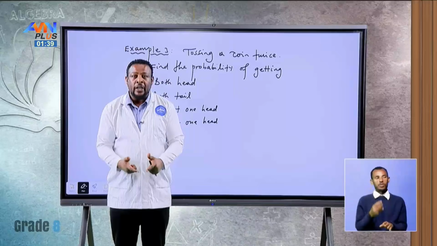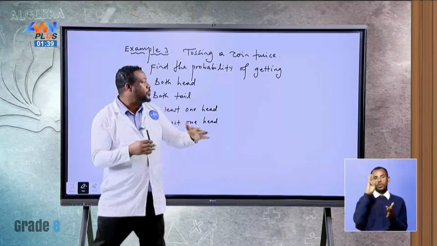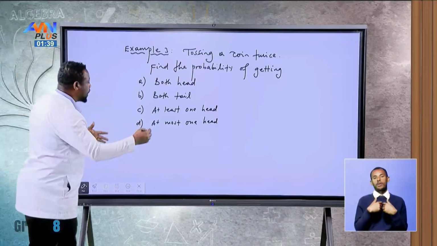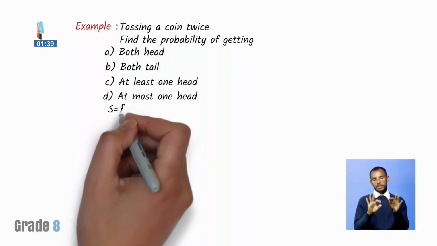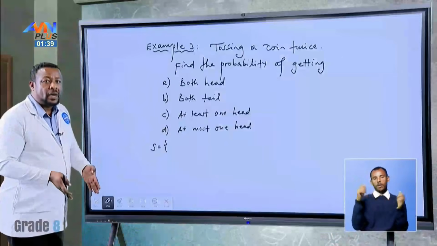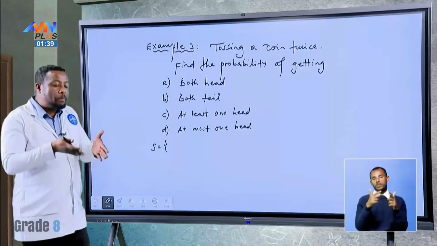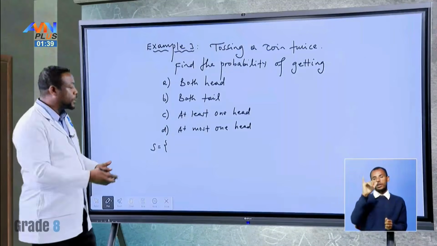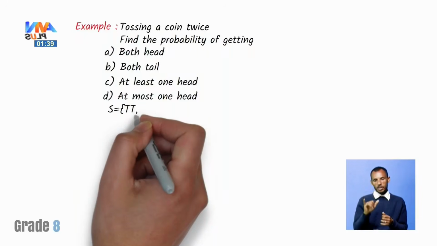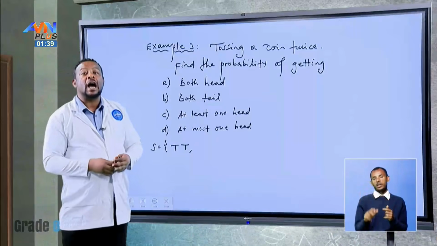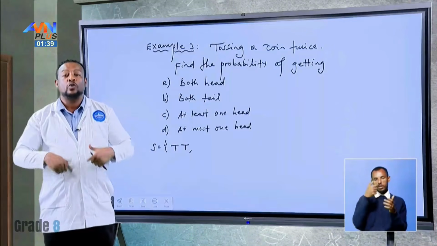Toss a coin, and you'll have such outcomes. Our sample space will have both tails. There is a possibility of getting both tails in the experiment. The first can be tail, the second can also be tail. This is one of the possibilities that will happen in tossing a coin twice.